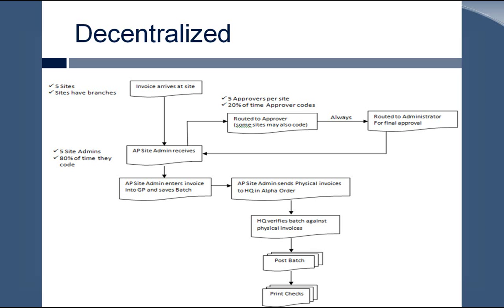You've got a site administrator. You have approvers that at times code, at times don't. So I would ask myself, can that change, or does that have to stay the same? Is there a second level of approver? And then how do those batches flow once they're entered back to headquarters and back to post and check print?